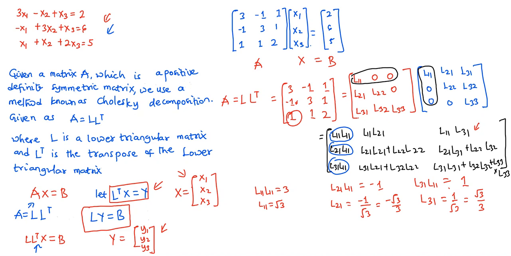Okay, so after doing all this, you're going to get your lower triangular matrix to be equal to: root 3, 0, 0; then minus root 3 on 3, 2 root 6 on 3, 0; and then root 3 on 3, root 6 on 3, and 1. So this is the matrix you are going to get for the lower triangular matrix.